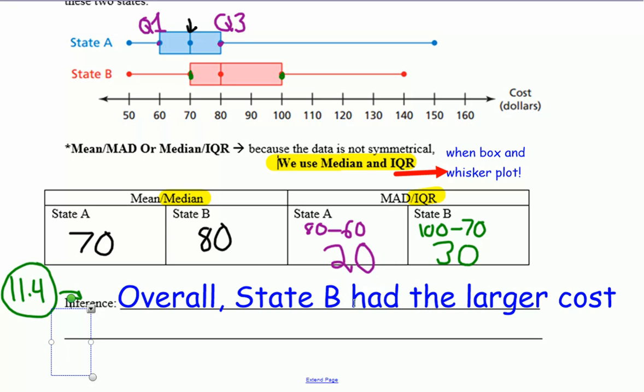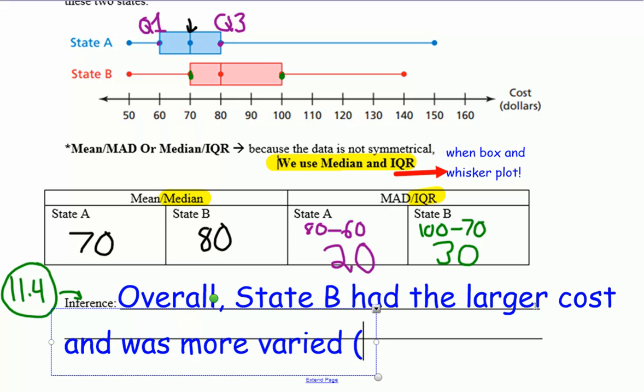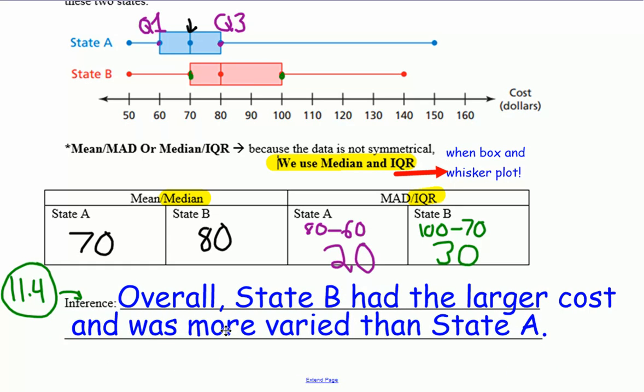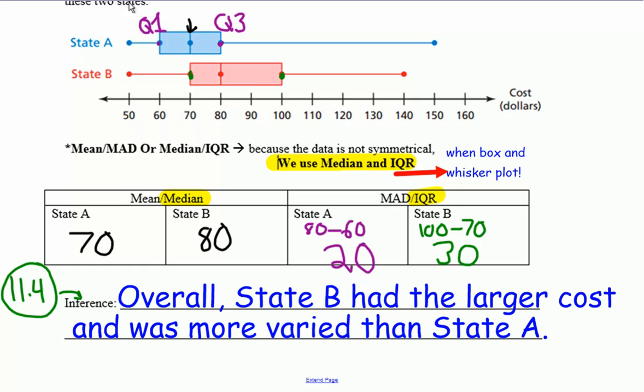So overall, state B had the larger cost and was more varied, or you could even have said more spread out, than state A. So again, my two sentences, it's kind of one sentence, but I broke it up into two parts. The first part talks about the median having a larger cost, because state B had a larger cost.